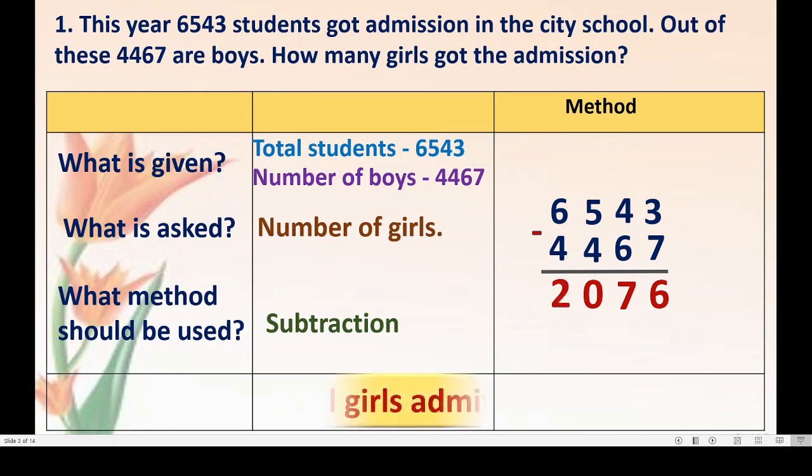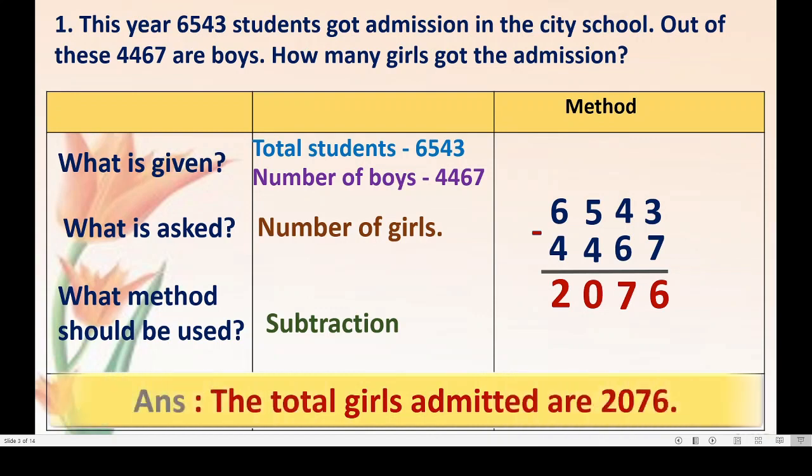Means you can say here we will write answer. The total girls admitted are 2,076. Correct? Total boys are 4,467 and total girls are 2,076. Got this, students?